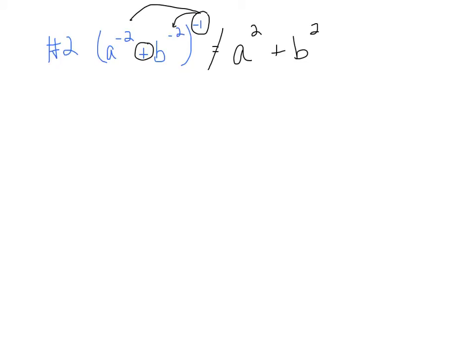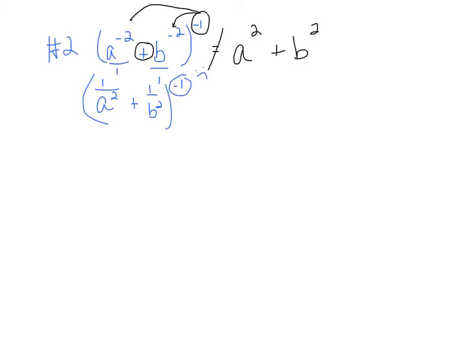So we got a lot more that we need to do here. What we're actually going to do first on this one is realize, okay, well the a is not happy. He's not happy where he's at. He's not happy in the numerator. So make him happy in the denominator. It's really 1 over a squared. Now, plus, the b is also not happy, so make him happy in the denominator. The whole thing is raised to the negative second power, which means the whole thing is still a little bit not happy.